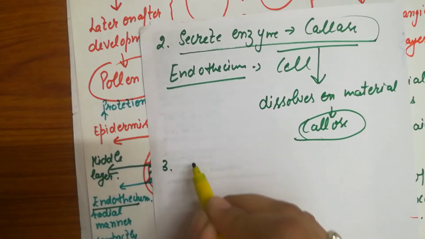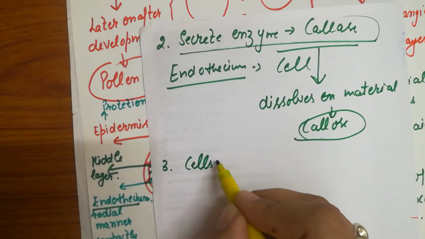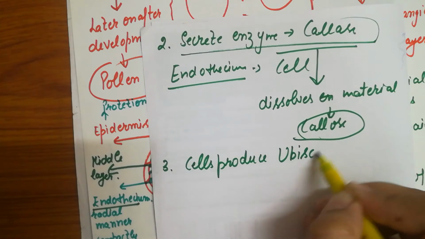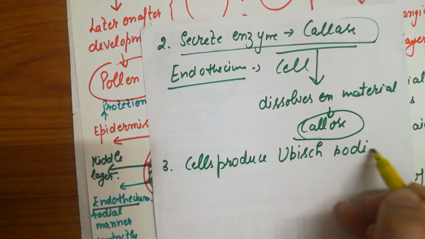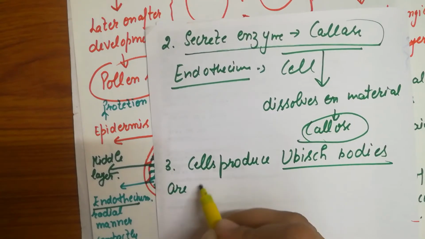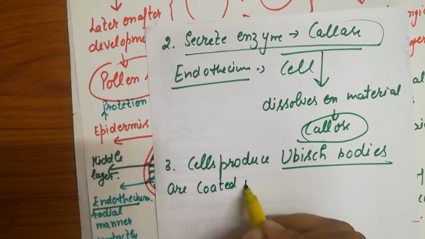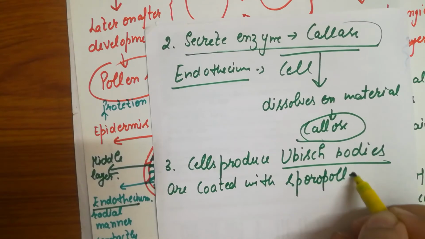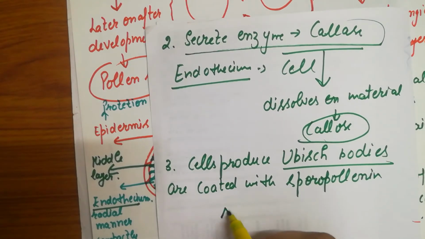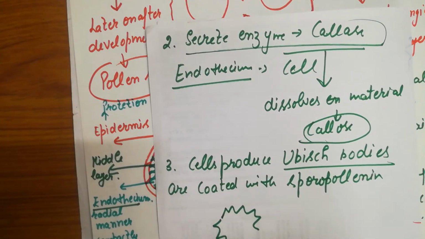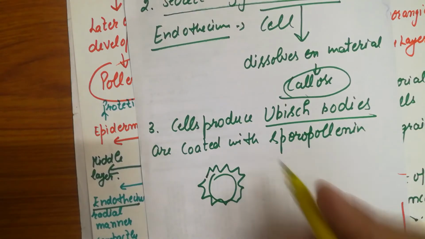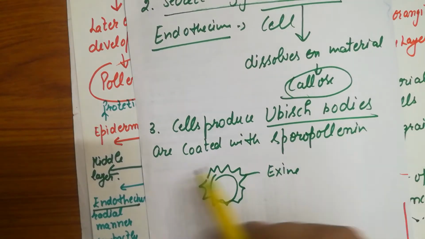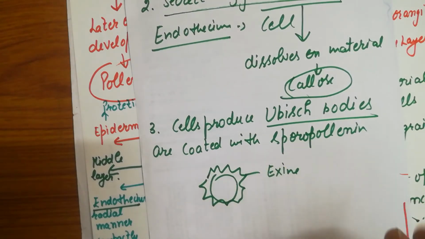The next function it performs is that tapetum cells produce Ubisch bodies. Ubisch bodies are coated with sporopollenin. In the first chapter, when we draw the structure of the pollen grain, the outermost layer is exine. So the cells produce Ubisch bodies coated with sporopollenin.